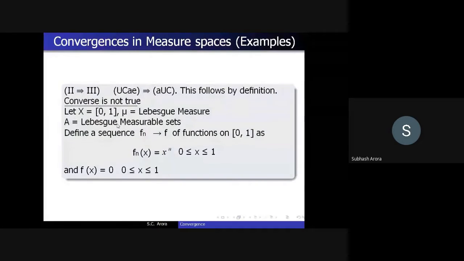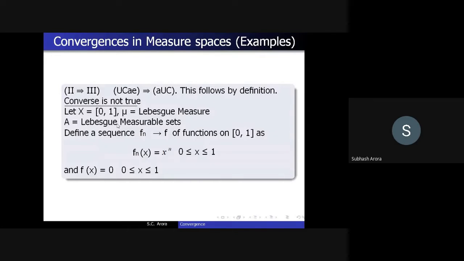fn(x) is equal to x raised to power n, for x greater than or equal to 0 and less than or equal to 1. And f(x) is equal to 0 for all x greater than or equal to 0 and less than or equal to 1. Take the limit of these fn(x) for each point.